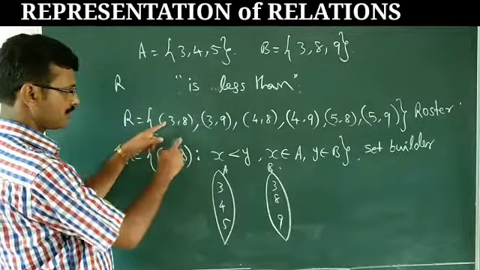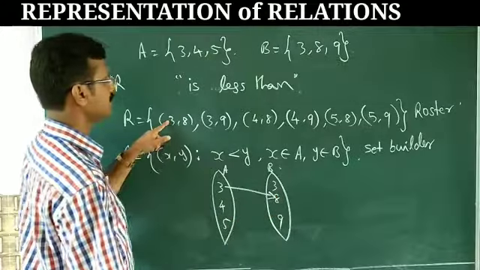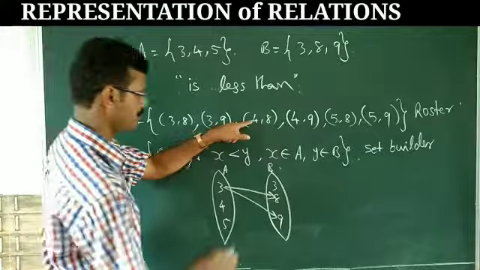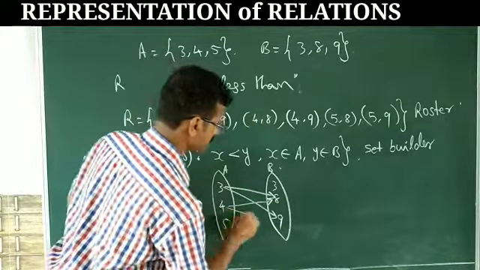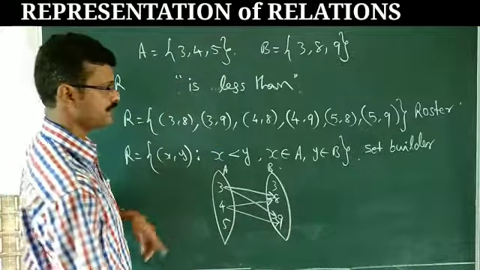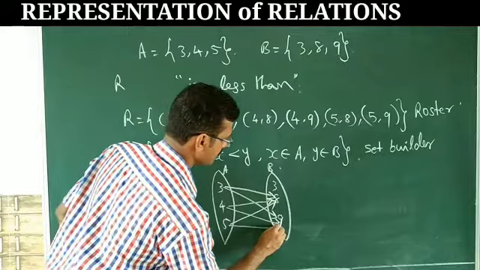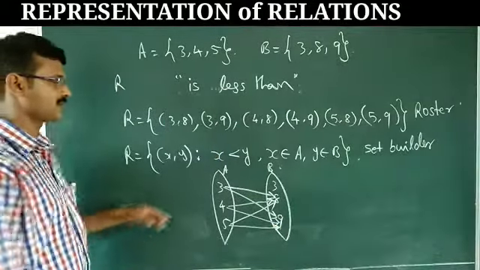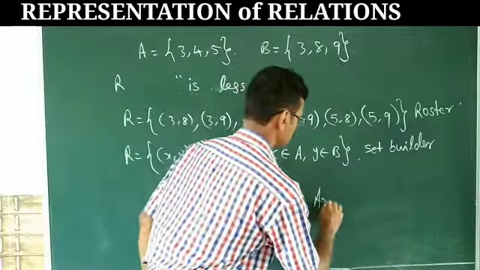Then I will mark down only these elements. 3 is connected with 8 and 3 with 9. Now 4 with 8, 4 with 9. Now 5 with 8, and 5 with 9. This way if you write the relation with the help of a diagram, this is known as an arrow diagram.